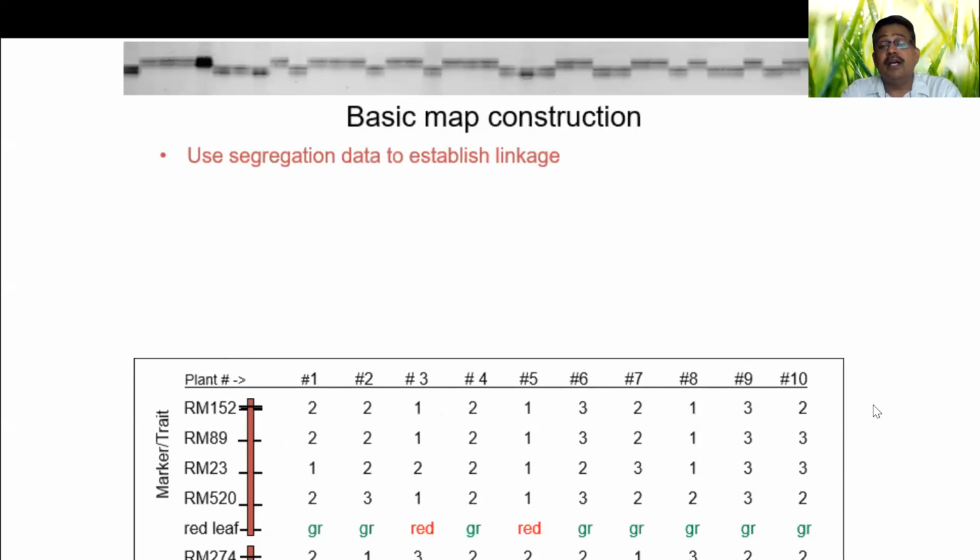For example, you are screening 10 progenies in the F2. Similarly, for the first marker you are scoring, the second marker also you are scoring. This marker behaves the same way: 2, 2, 1, 2, almost the same. That means there is no recombination between these two markers. But the third marker, RM23, instead of 2, is giving 1. There is a recombination.